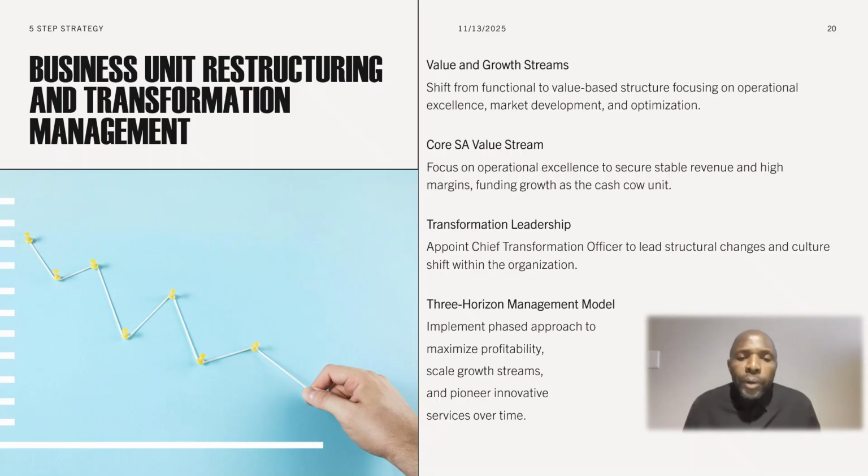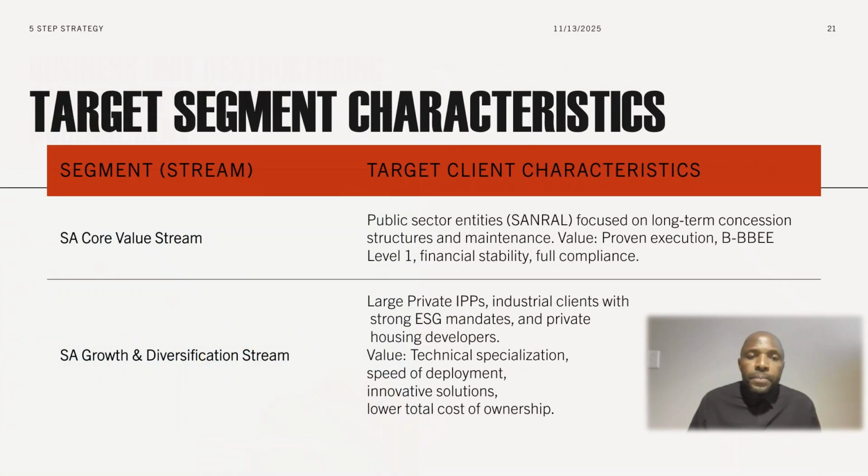So lastly, we say the 3 horizon management model there: implement phased approach to maximize profitability, scale growth streams, pioneer innovative services over time. And then target market characteristics. So these are the target market segments, talking to the business units that we've suggested. South African core value stream, it must be talking to the public sector entities focused on long-term concessions.